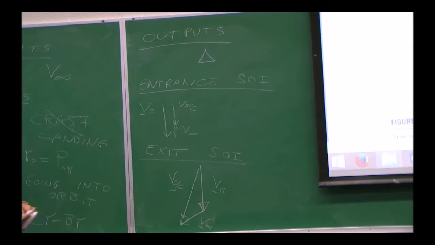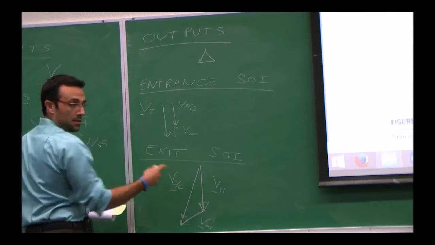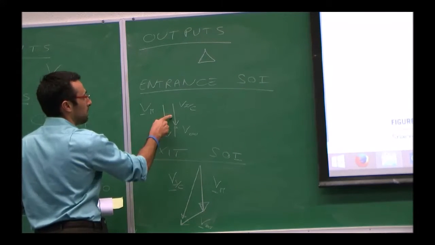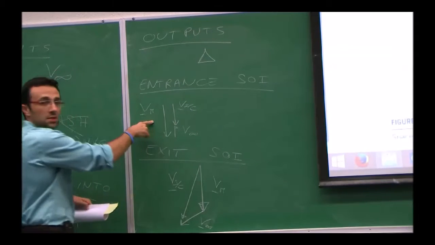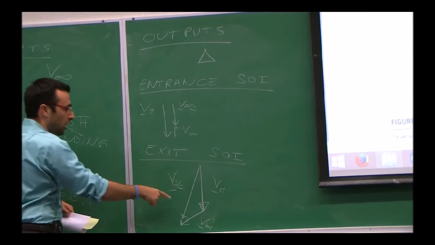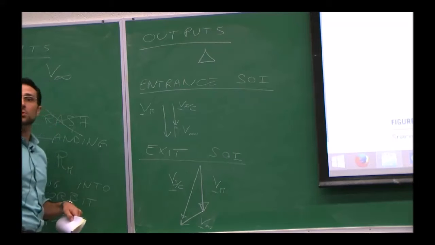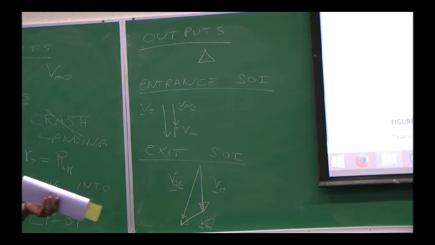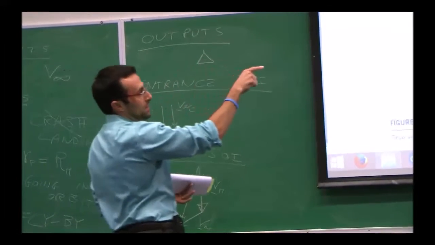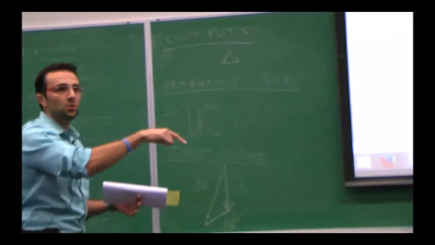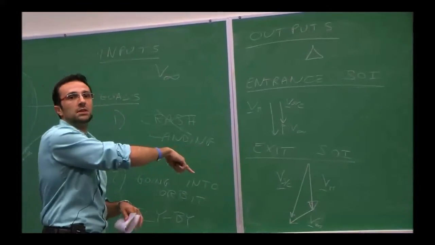Look at this vector. Magnitude-wise, it went from being less than the velocity of Mars to obviously more than the velocity of Mars with respect to the Sun. Do we see that? Simple vector geometry. So the gravitational field of Mars is working for you to increase your speed with respect to the Sun.